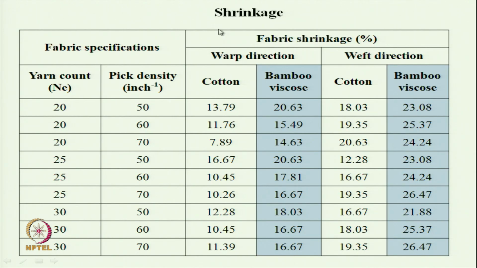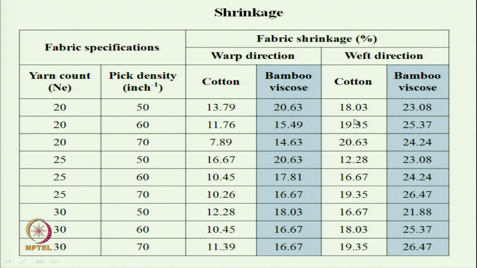So, this table shows a clear indication here. This is the warp count. Fabric shrinkage percent in the warp-wise direction, for cotton, is around 7 to 13%, while warp-wise bamboo viscose shrinkage is much higher, around 15 to 20%.